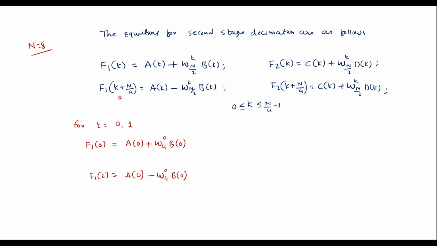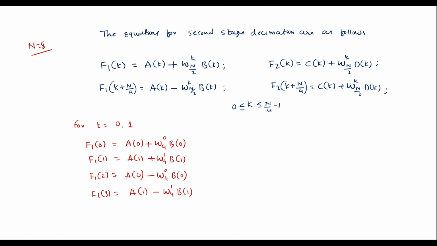Similarly, for k equal to 1, f1 of 1 is equal to a of 1 plus w4 power 1 b of 1. Here for k equal to 1, we'll get f1 of 3 is equal to a of 1 minus w4 power 1 b of 1.